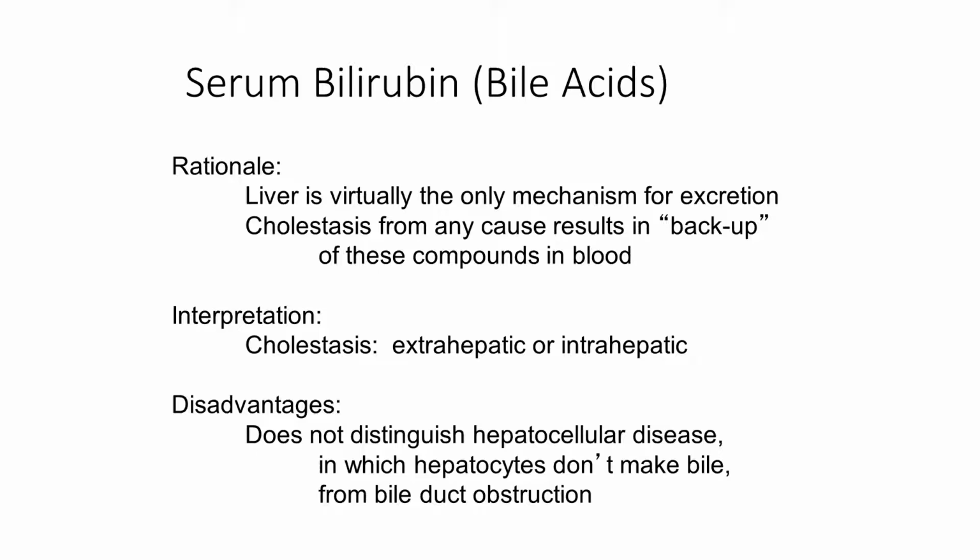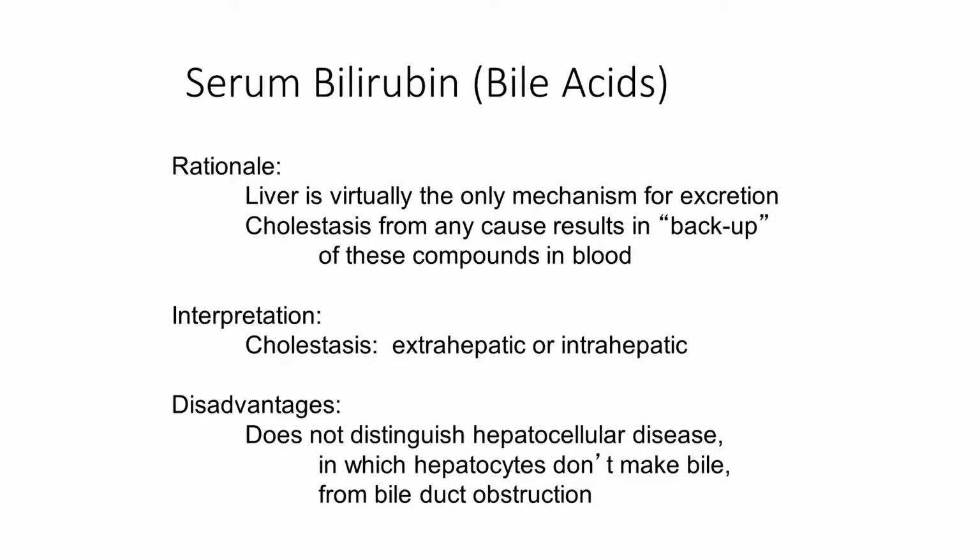And usually when we look at your serum bili or bilirubin, they can say that if there is elevation of your bilirubin, this cholestasis or obstruction in the bile flow can either be intrahepatic, where the problem is within the liver, or extrahepatic, outside of the liver.